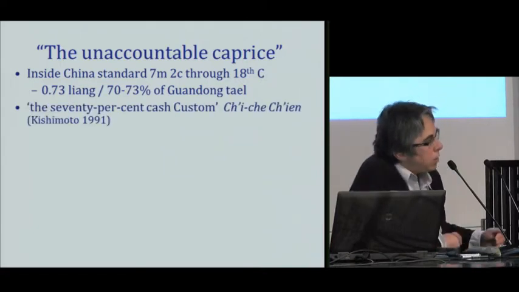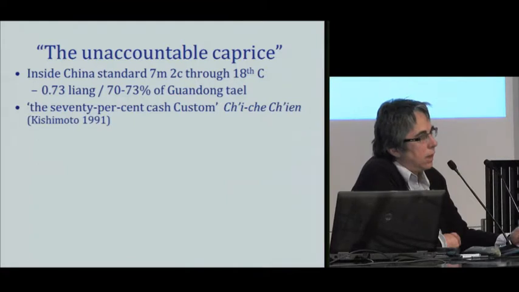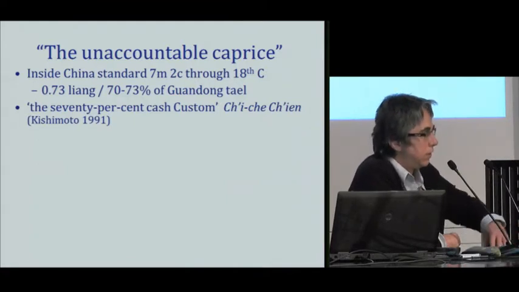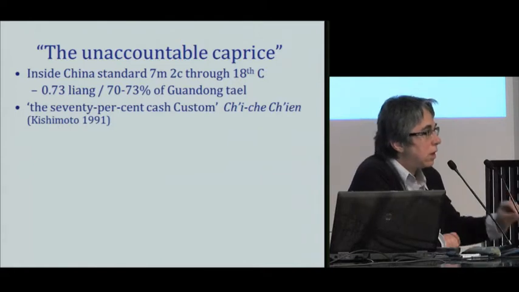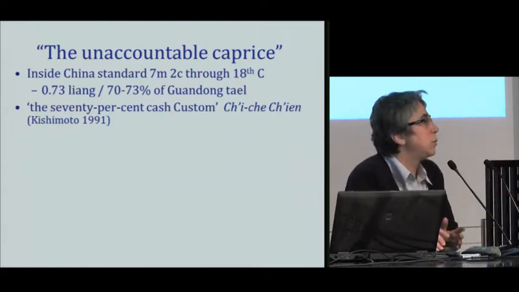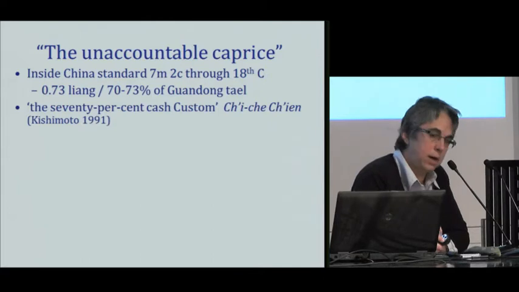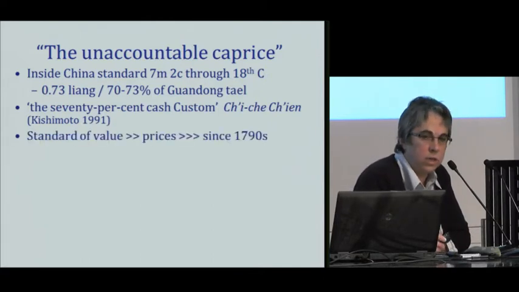This coin was taken as a sort of 73% of that. It became what Mio Kishimoto has explained for private transactions and even contracts within China as the 70% cash custom, this unit of account for transactions.